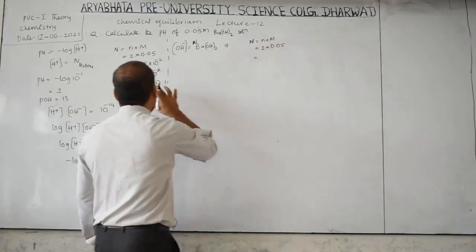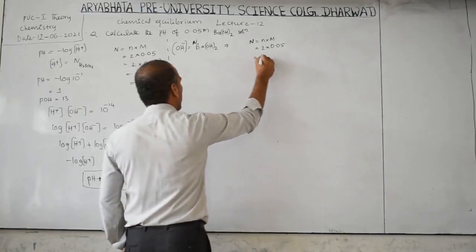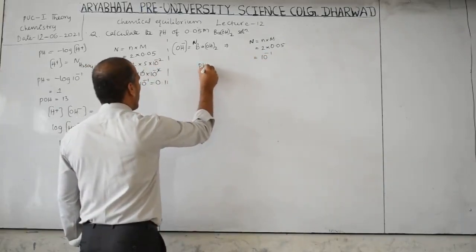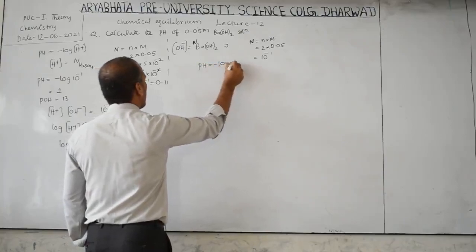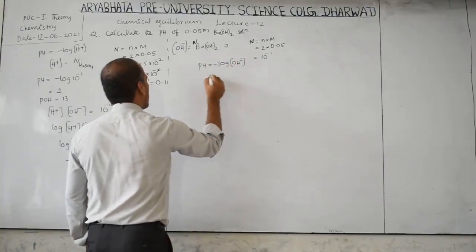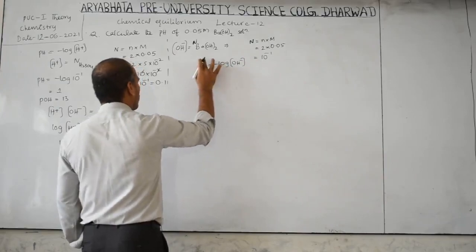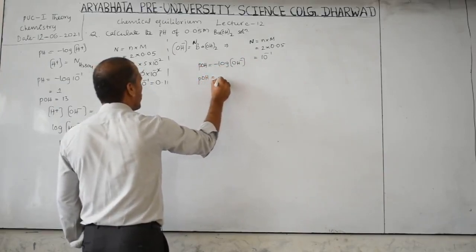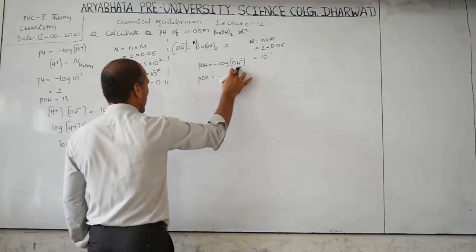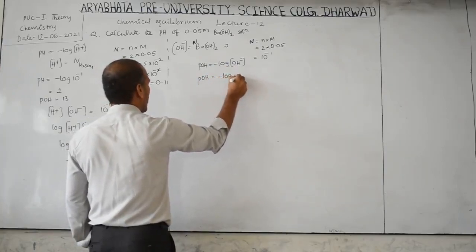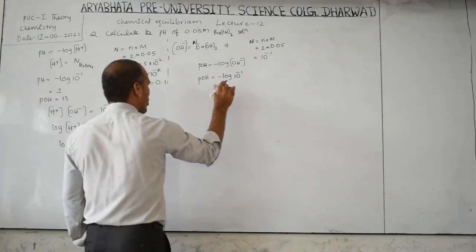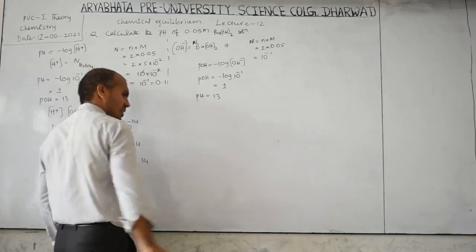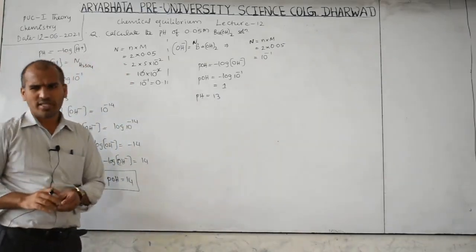The answer is already calculated like this, therefore 10 power minus 1. Then pOH is equal to negative logarithm of OH minus ion concentration, 10 power minus 1, therefore pOH is 1, therefore pH is equal to 13.